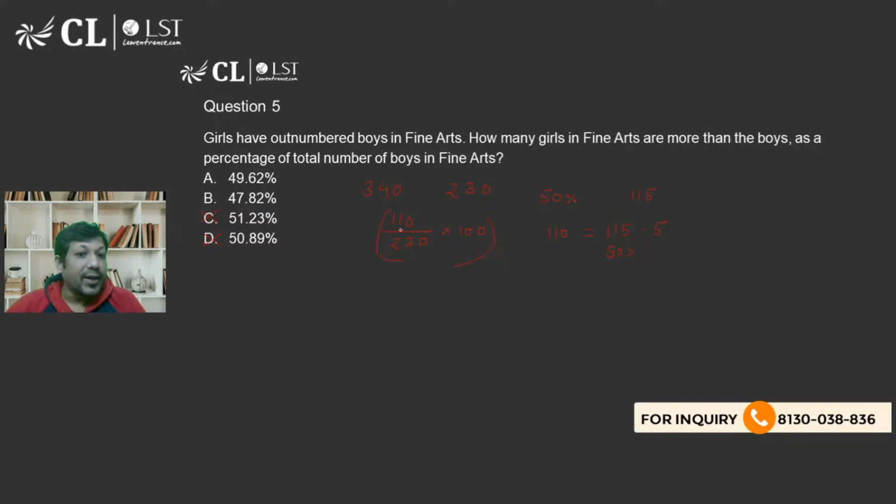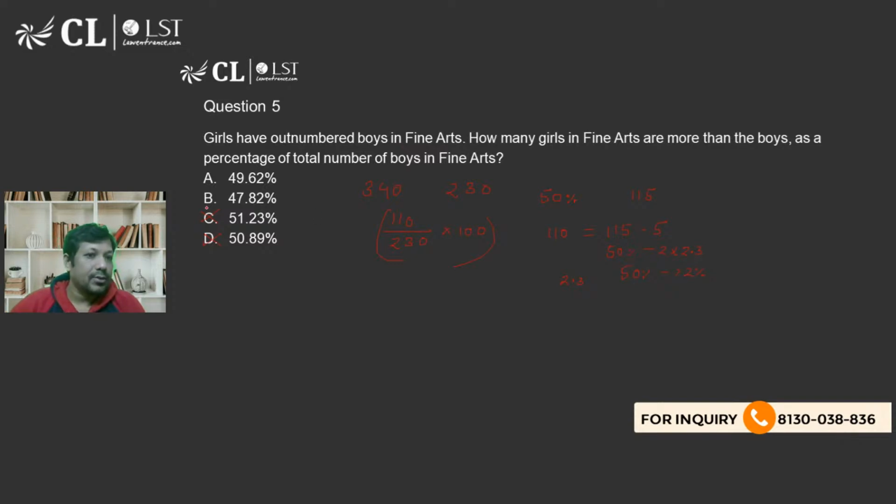Now, what is 1% of 230? That is 2.3. Right? So 5 is more than 2.3. It means this value is 50% minus more than 2%. So the value should be 47 point something.